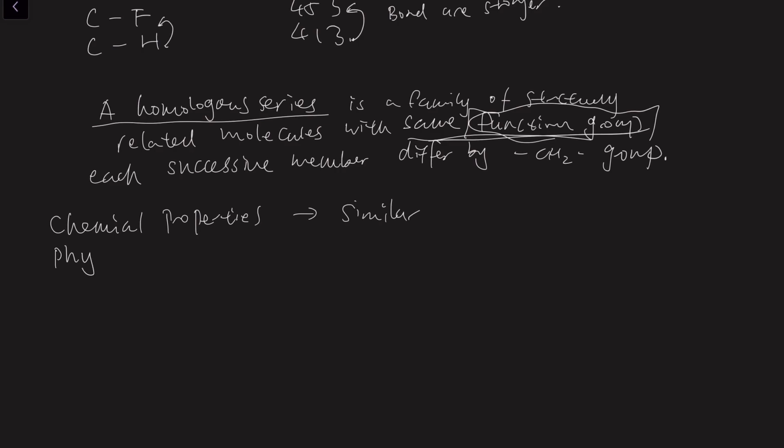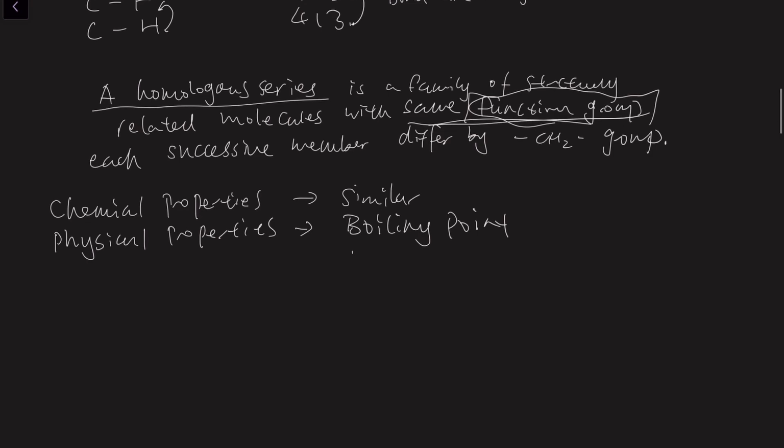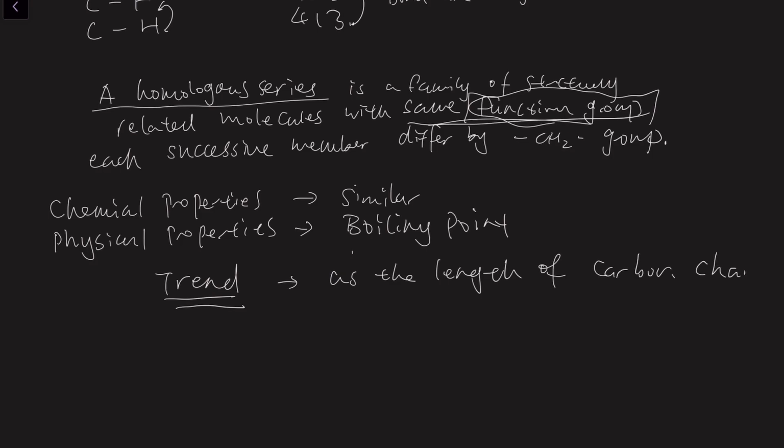But the physical property, such as boiling point, is not similar between compounds in the same homologous series. So it shows a trend. And the trend is as the length of carbon chain increases. So remember, each member differs by CH2.